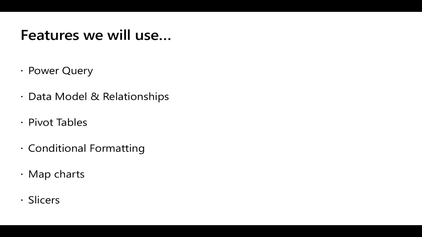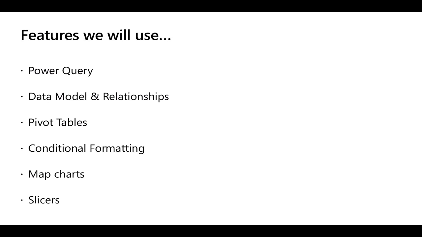We will use these features of Excel primarily to explore the modern Excel things as well, which is we will look at Power Query for establishing connections to the data sets, using data model and relationships to set up the tables and connect them, using pivot tables to primarily drive all the calculations, because that way when the data changes, you can refresh and the pivot tables will update.